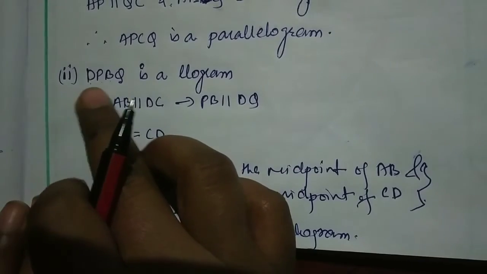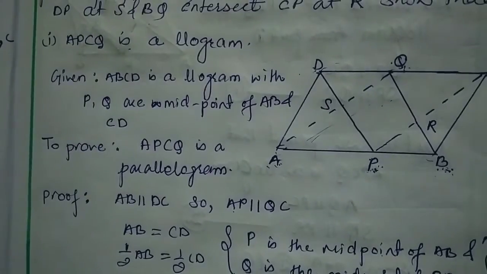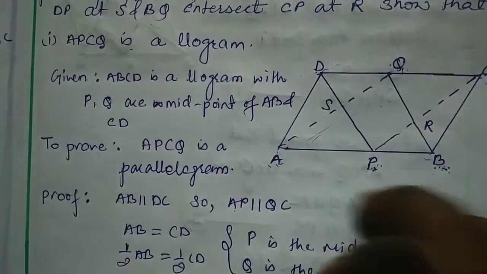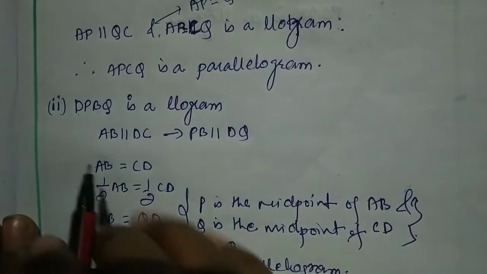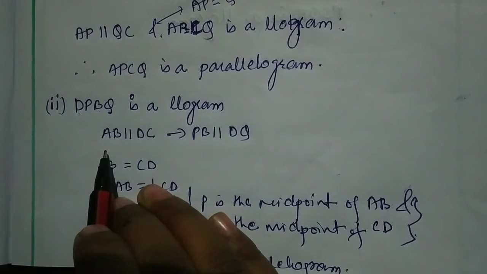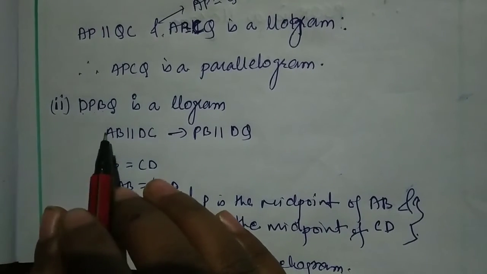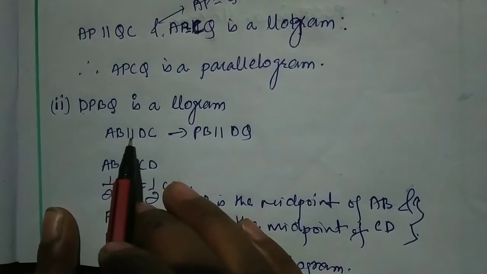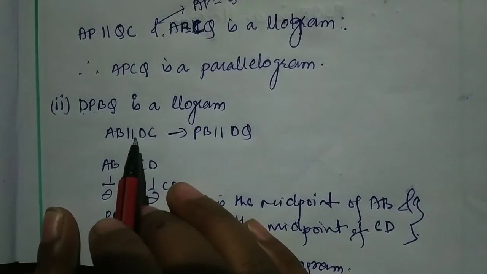Prove that DPBQ is a parallelogram. In the same way as proved in part 1, we need to prove exactly the same. We know that opposite sides of a parallelogram are parallel and equal.